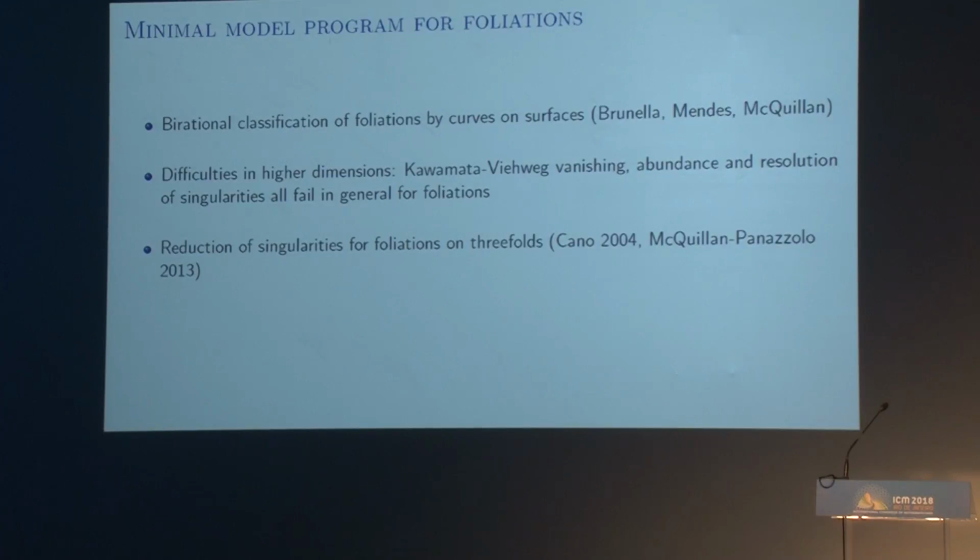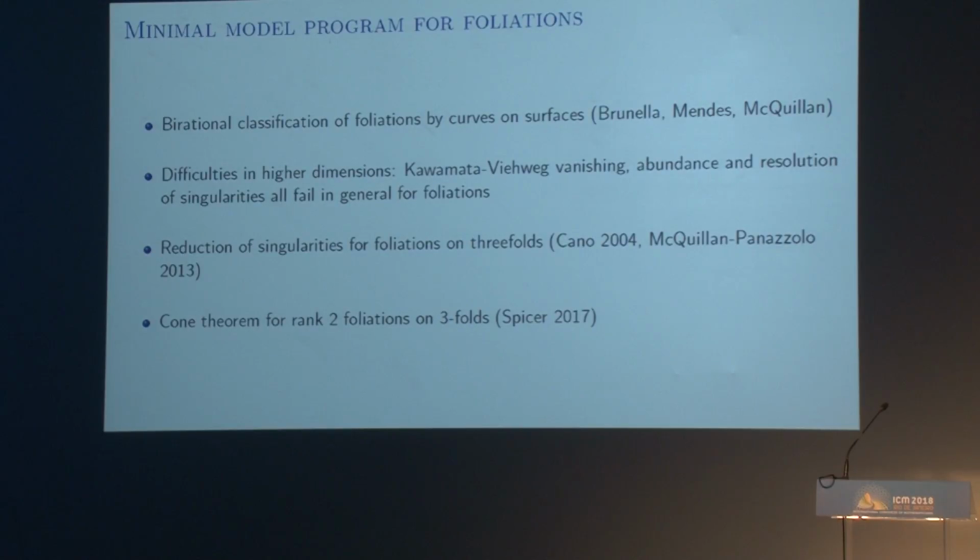But for threefolds, there is a reduction of singularities. One does not have resolution of singularities, but we have a reduction of singularities. And here, the right notion to look at is the notion of canonical singularities. And also recently we have a cone theorem by Spicer for rank 2 foliations on threefolds.